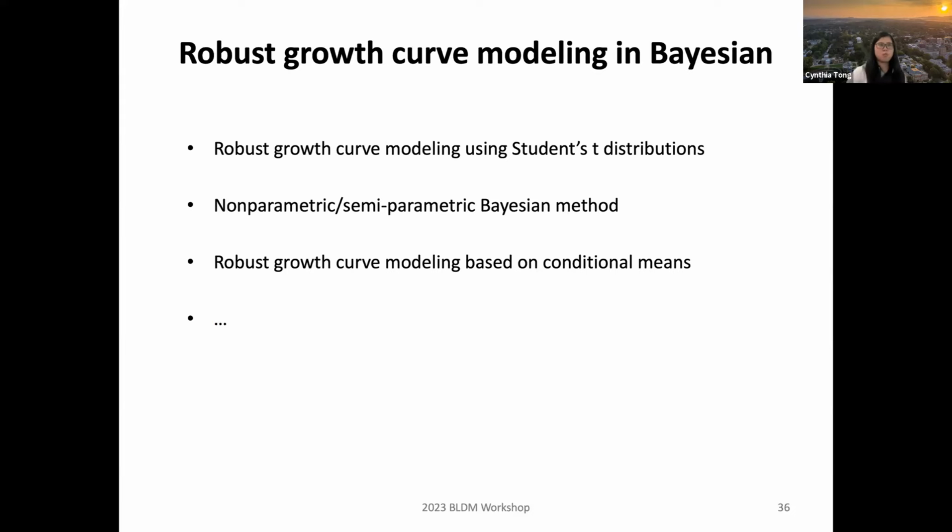There are several robust growth curve modeling strategies in Bayesian. For example, we can use robust growth curve modeling using student t-distributions. In this model, instead of assuming that all the intra-individual measurement errors and the latent coefficients follow normal distributions, we assume that they follow a t-distribution. With the t-distribution, the degrees of freedom can control the robustness.